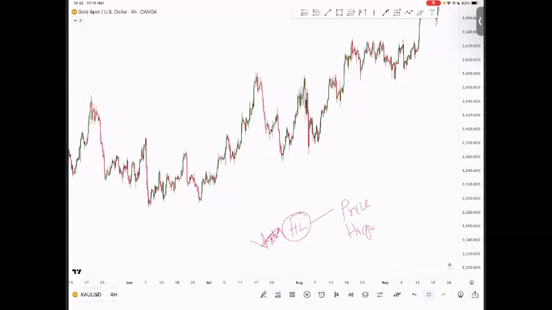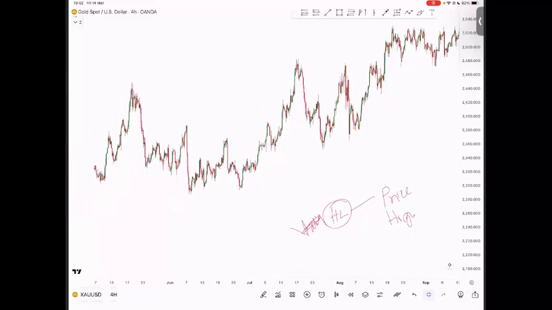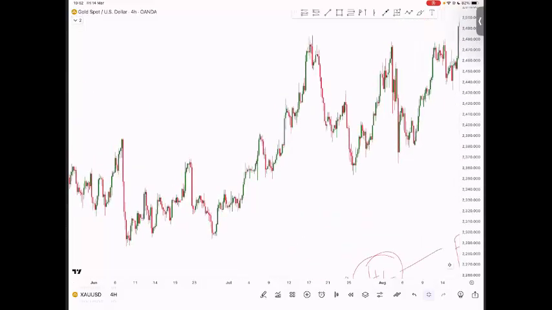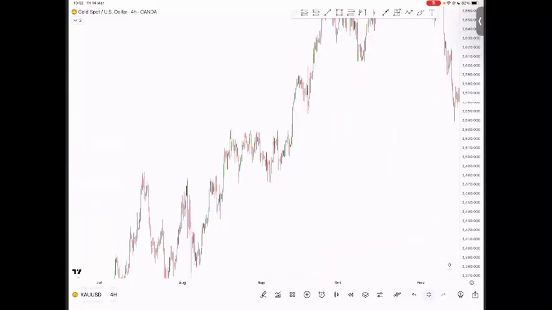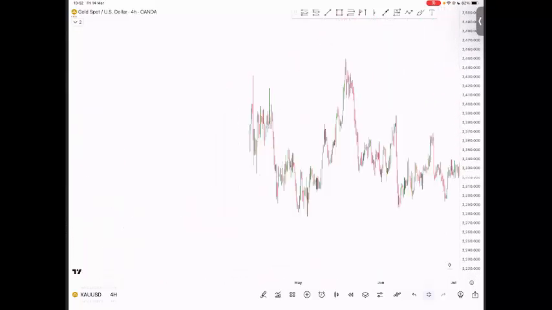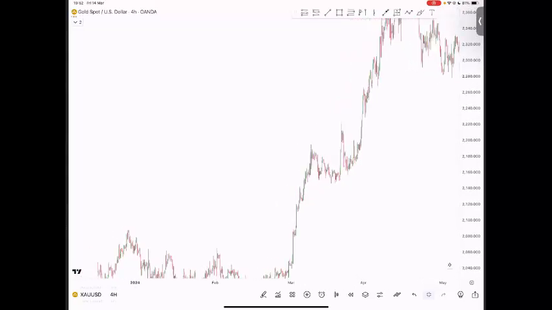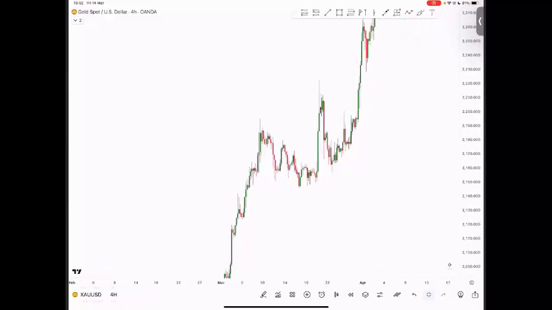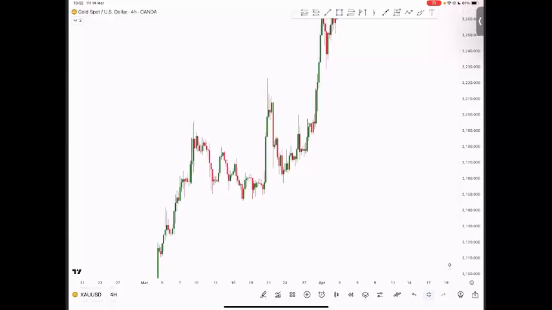I'm mapping out market structure from this point now. But let me look for something that has a lot of highs and lows or a downtrend. Okay, let's map with this. I think this has too many and would confuse. Okay, so let's say now that this is a higher low at this point. You agree with me that this is a higher high.